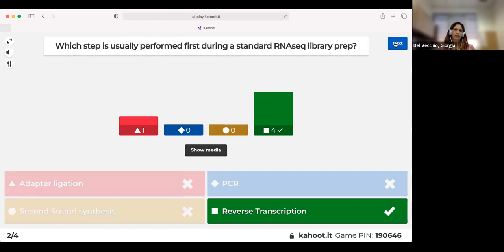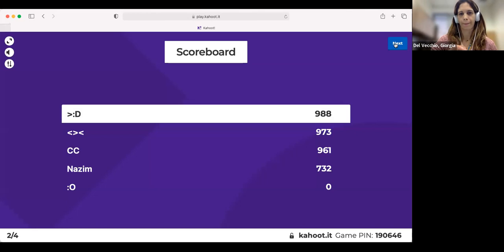First of all, the first requirement for an NGS experiment is to have DNA. So we need to convert our RNA into DNA, and that's why we need the reverse transcription.